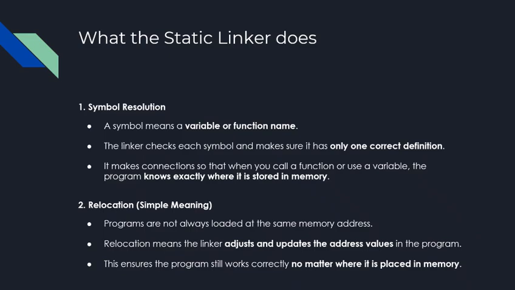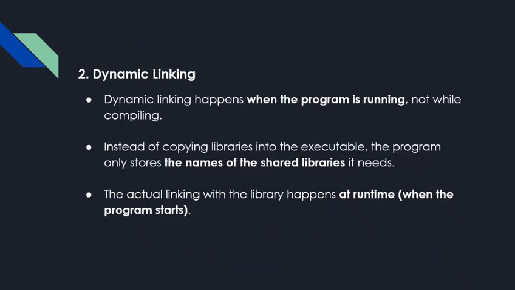This ensures that while running, the program knows exactly where each function and variable exist in memory. Then the second one is relocation. Programs are not always loaded into the same memory address. So the linker adjusts the addresses in the program so it works correctly regardless of where it gets loaded. This process is called relocation.